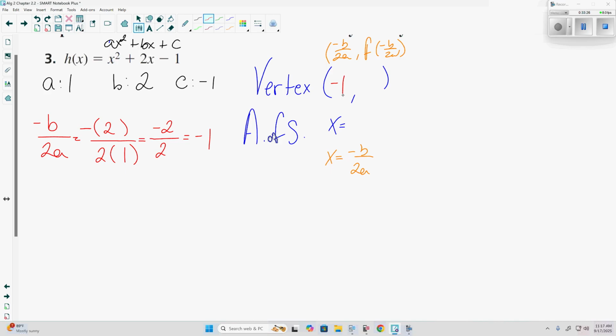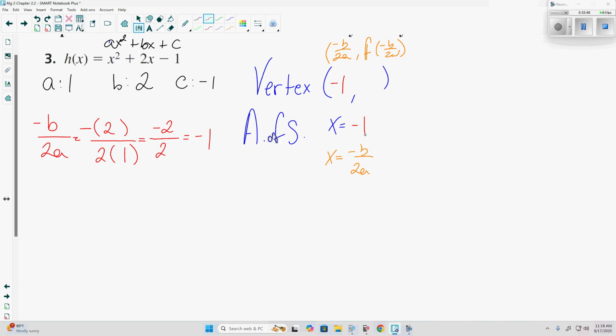So we get -1. So that gives us the x value of the vertex. It also tells us the axis of symmetry is x is equal to -1. Because we can plug that -b over 2a's value, -1, into both its locations.